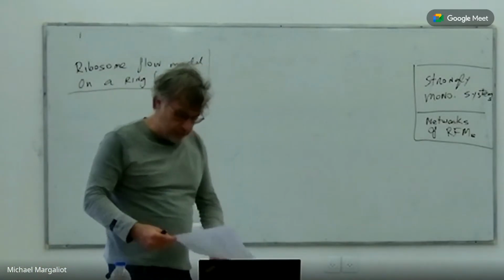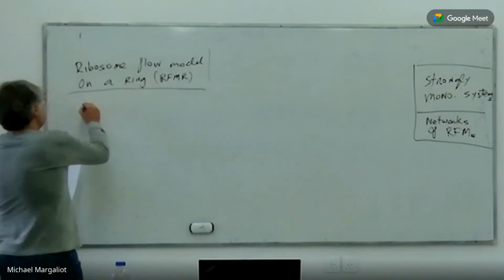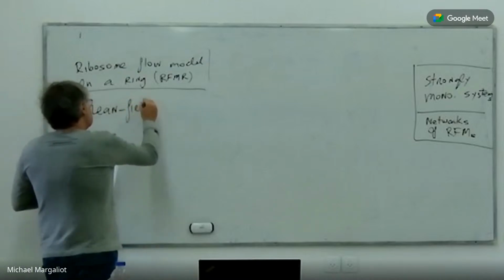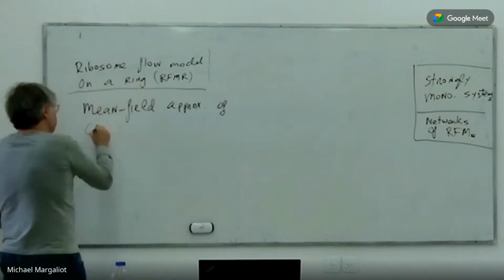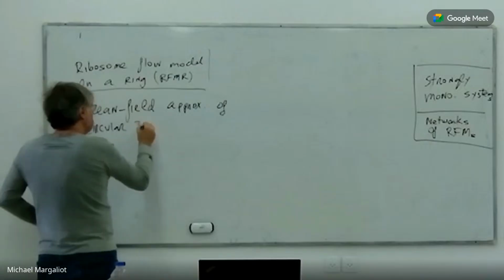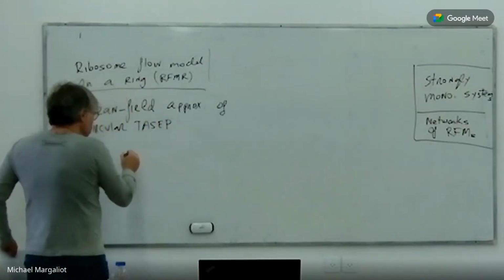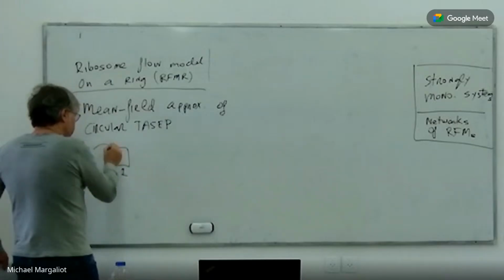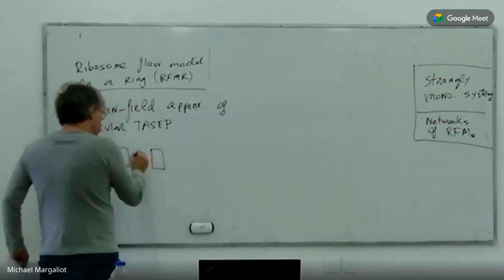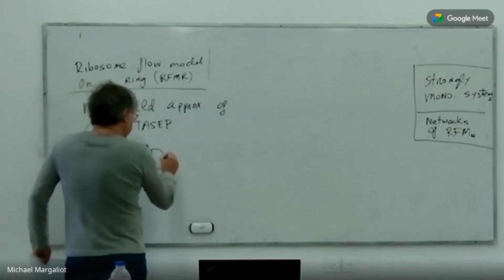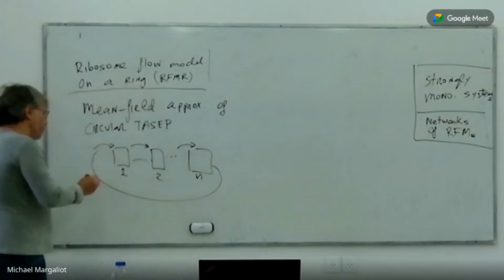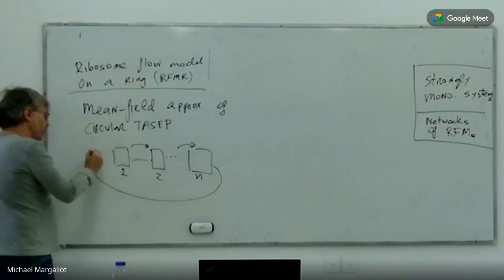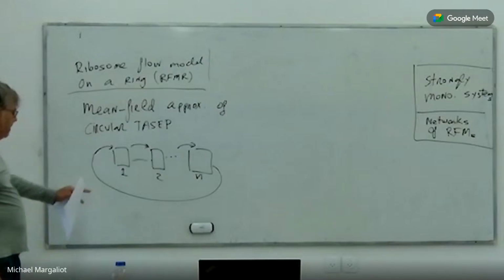Okay, so what is this ribosome flow model on the ring? It is the mean field approximation of the circular TASEP, or closed TASEP, which means that I have my sites, like in the RFM, up to site N, but the flow out of site N doesn't go to some empty reservoir somewhere, but it goes back to site number 1.